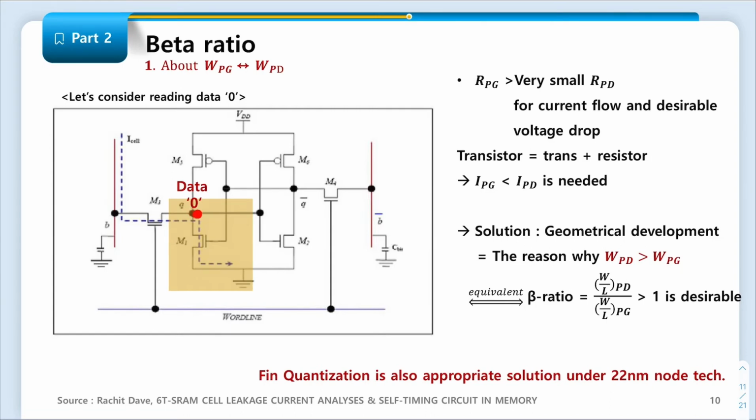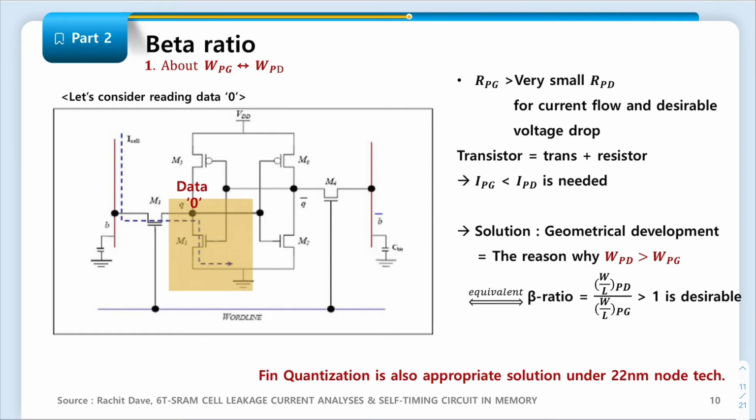Even though this node has data 0, it must have a very slightly small value of voltage potential to make the desirable current flow from here to here. In other words, almost all of the voltage drop must occur in this pass gate transistor. So the resistance of the pull down transistor must be much smaller compared to the pass gate transistor.